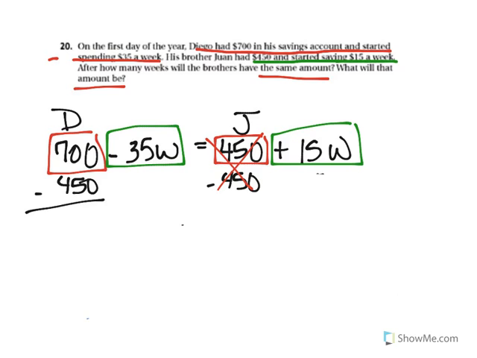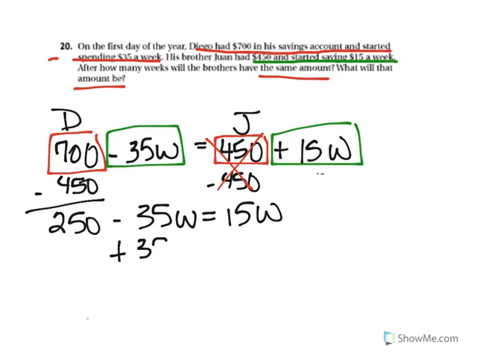And to this side, I have 250 minus 35W is equal to, and the only thing left to the right now on one side is 15W. Going to combine those, so I'm going to add the 35 to both sides.